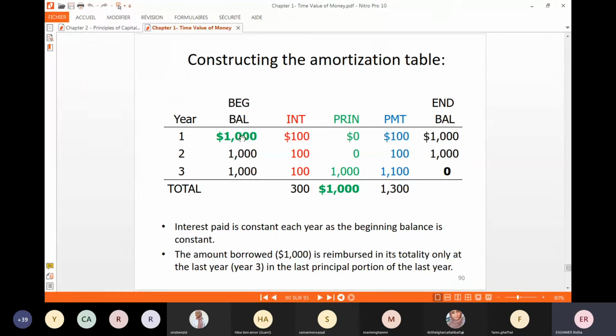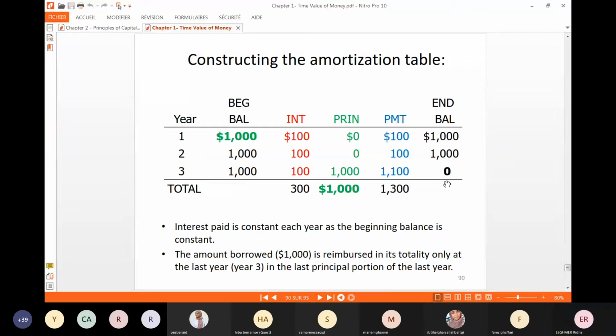And the amount borrowed is reimbursed in its totality at the last date, in the principal portion of the last date. The payment is always interest plus principal: 100, 100, 100 plus 1000. 1000 minus 1000 will give you 0. The loan is fully amortized. This is the last modality of reimbursement.